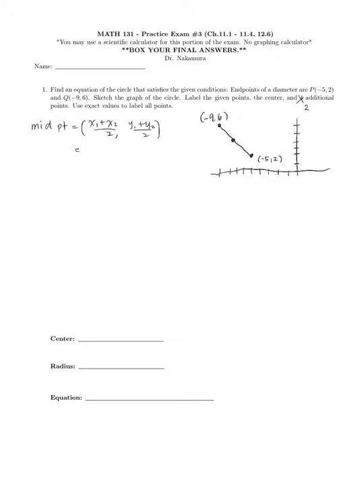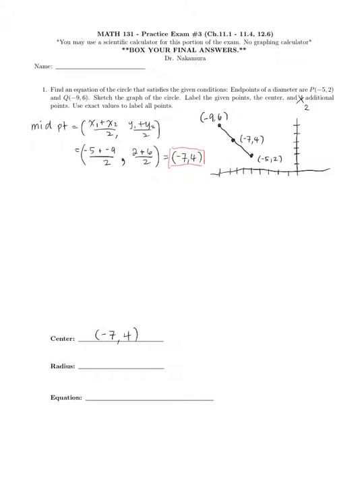So this is going to be negative 5 plus negative 9 over 2, the x coordinate of the midpoint, and then 2 plus 6 over 2, the y coordinate of the midpoint, which is going to be the center. So we're going to have negative 7, 4 as the center. Let me box that. Okay, so let me just write it in the answer box.